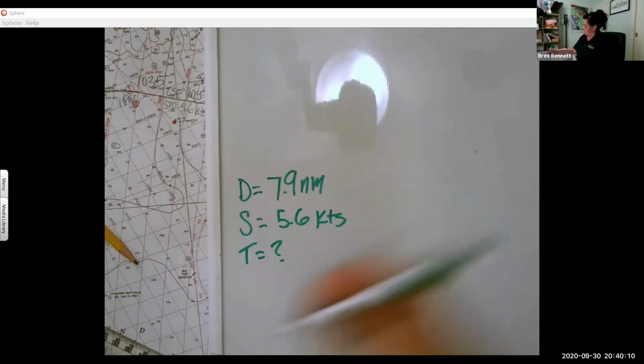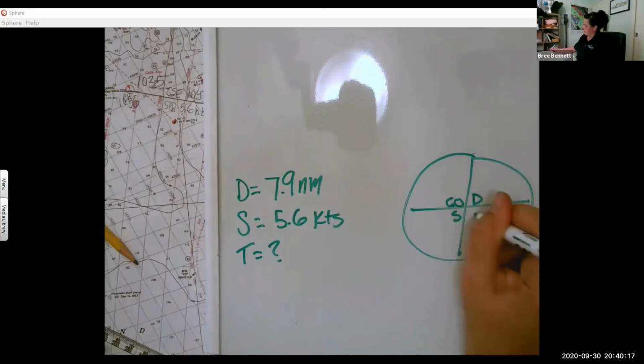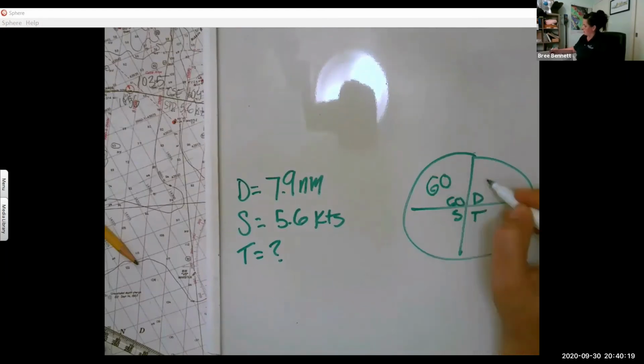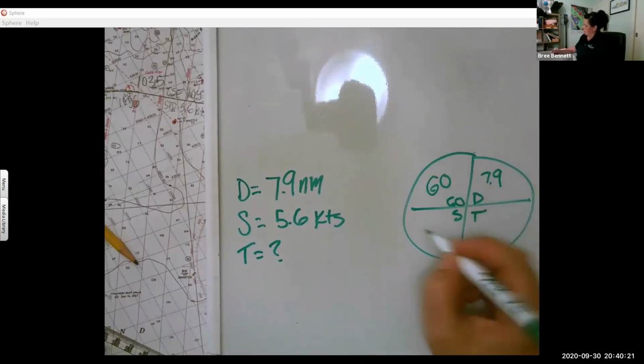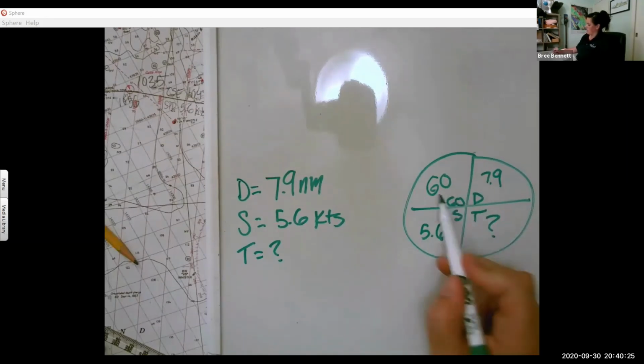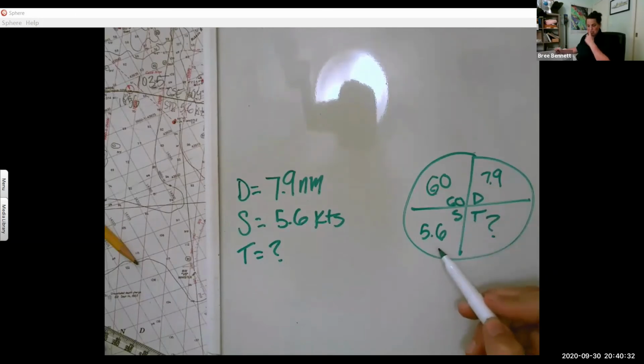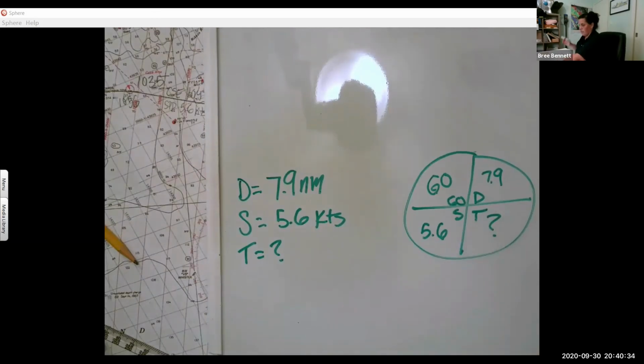So let's do the magic circle. 60, D, S, T: 60, 7.9, 5.6. We're looking for time, so we do 60 times 7.9 divided by 5.6. And what do you guys get for time?